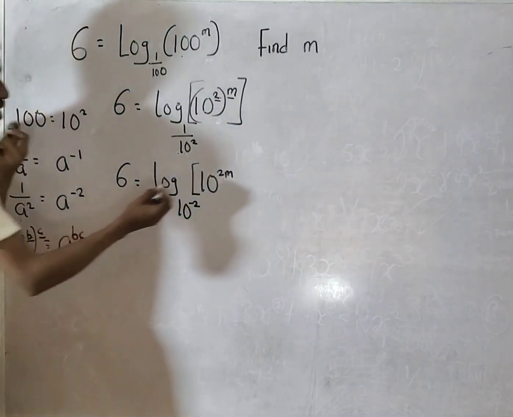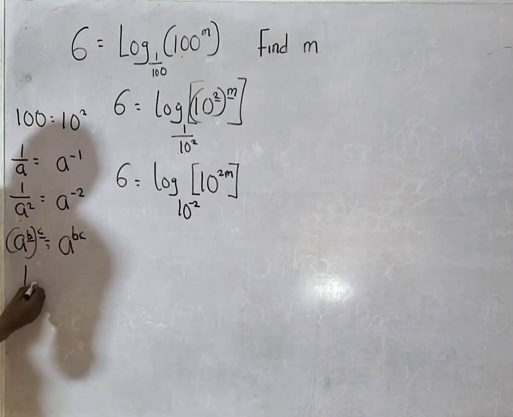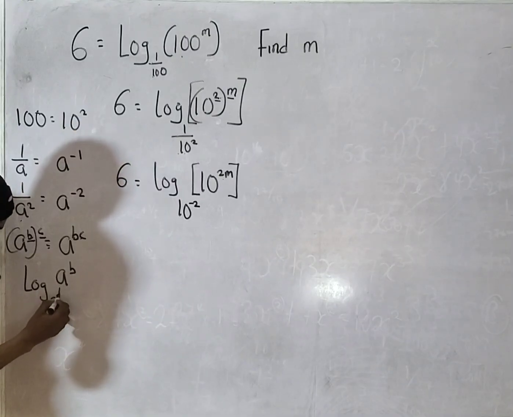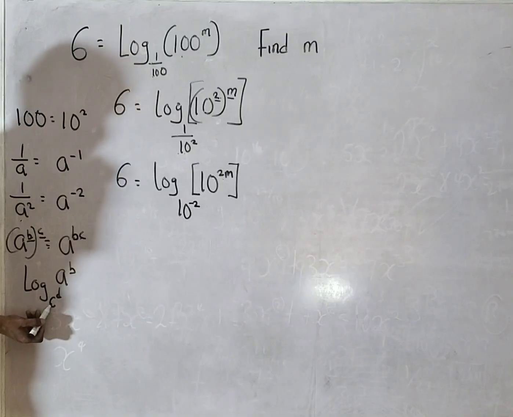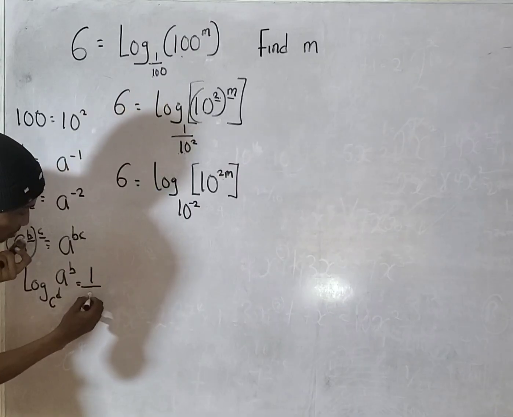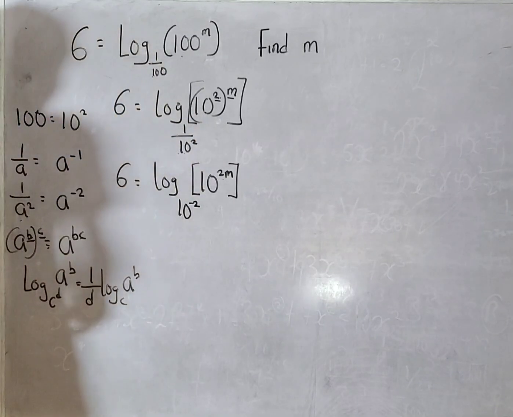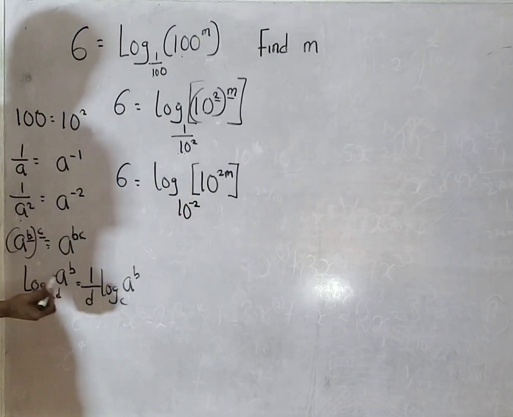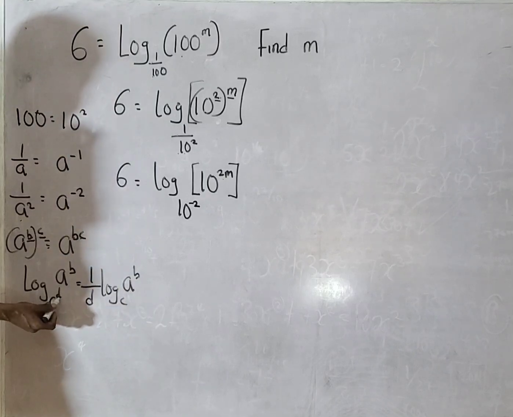Are you following? Now recall that if you have log of a raised to the power of b, base c raised to the power of d, the base of this logarithm is c, and the power to which the base is raised is d.